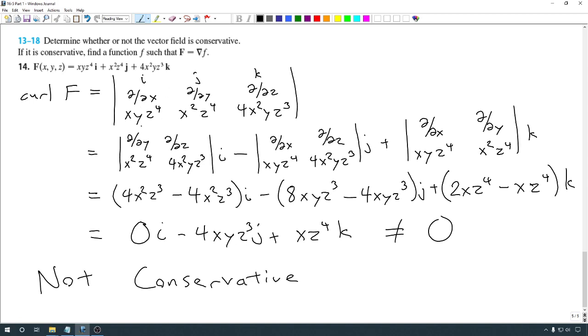Those were the original p from f. So if this was actually 2xyz to the 4th, these would actually cancel out. That component doesn't even have any effect on the i component of the curl. So they gave us one that was not very far off from one that would be conservative, but this one just isn't.